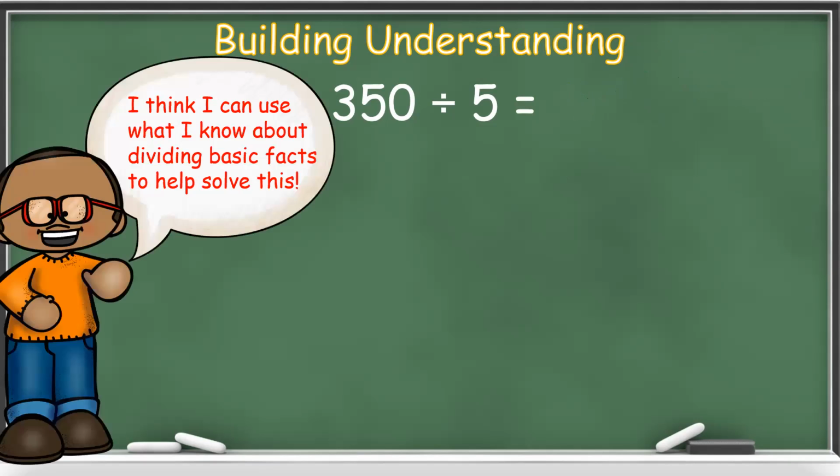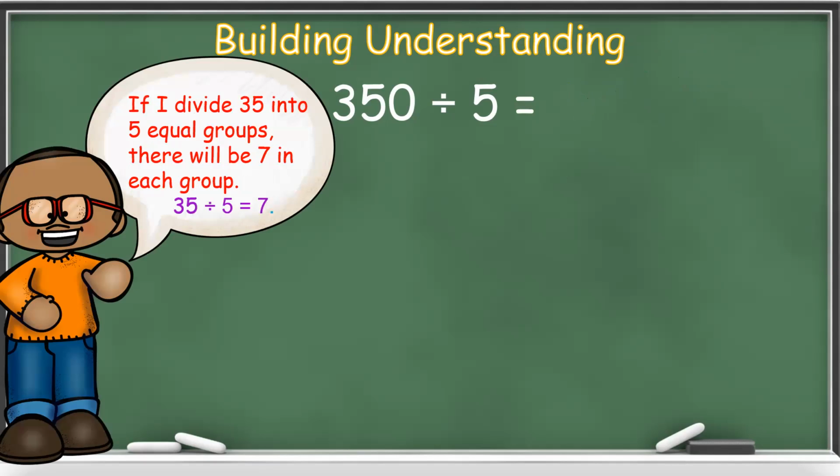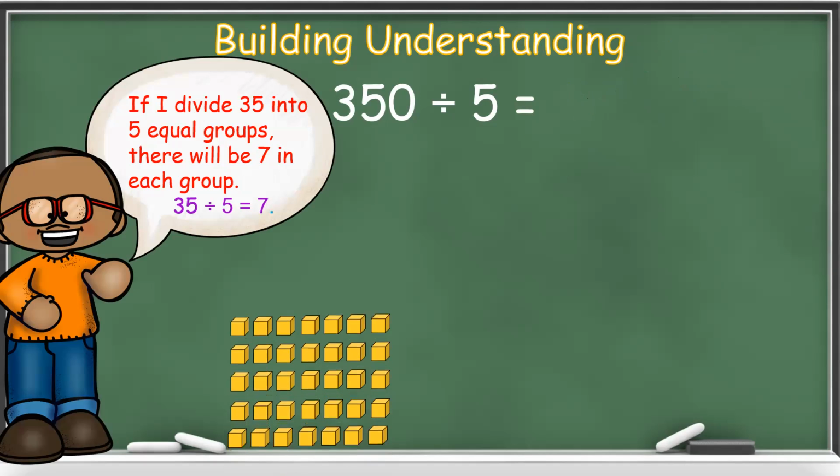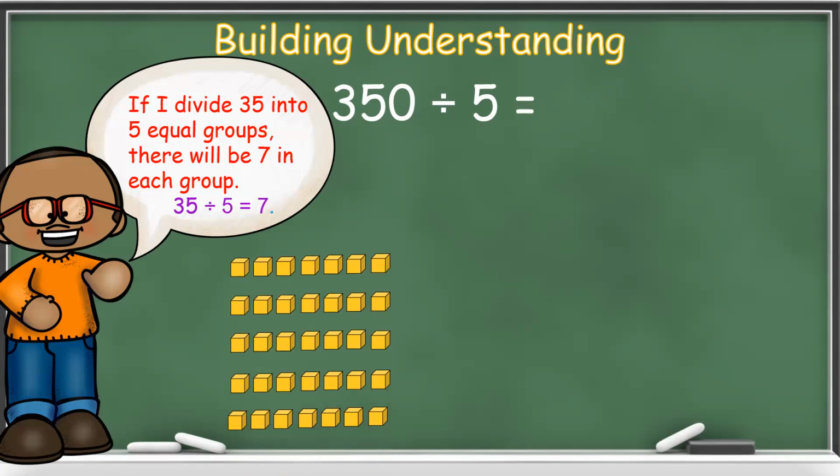I think I can use what I know about dividing basic facts to help me solve this. If I divide 35 into 5 equal groups, that gives me 7. Each group will have 7. 35 divided by 5 is 7. And so here are your groups. Your 5 groups, 1, 2, 3, 4, 5, and each group equals 7. And if I were to count all these, it would be 35.